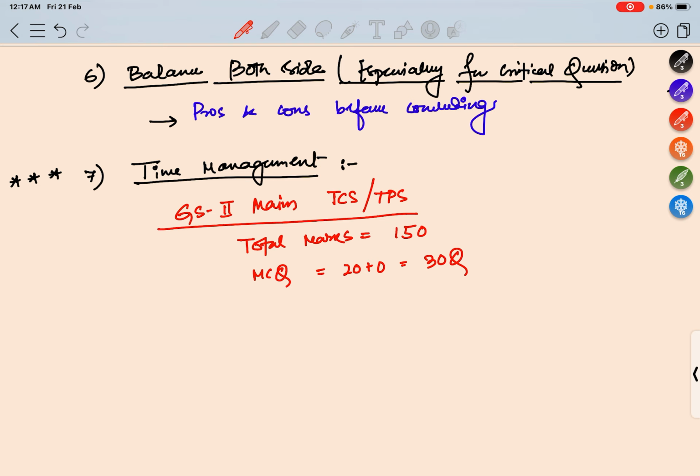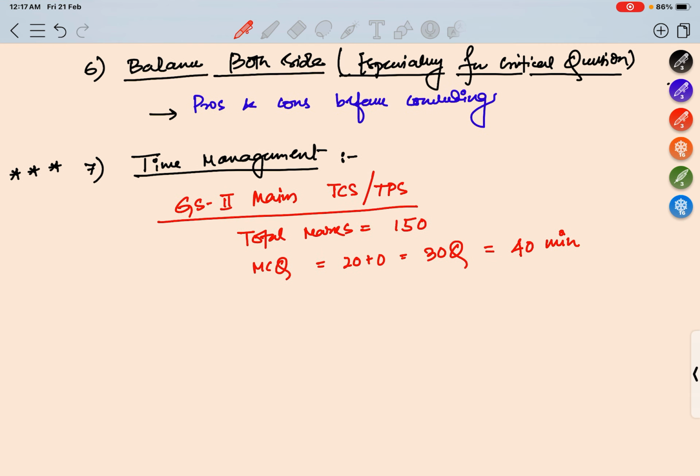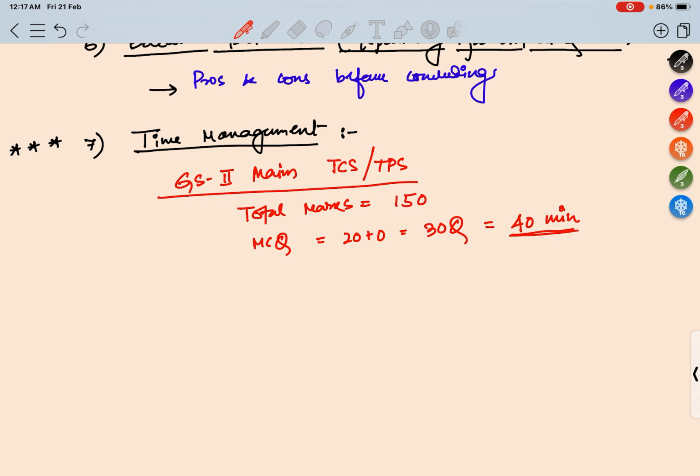So let's understand, you will be solving 30 MCQs in, let's say, 40 minutes. You cannot afford more than this. Actually 40 minutes is very extreme, you should complete it within 30 minutes only, but I am saying just complete it within 40 minutes. Now out of a total of 150 marks, if 30 are gone, how much do you have? 120 marks.